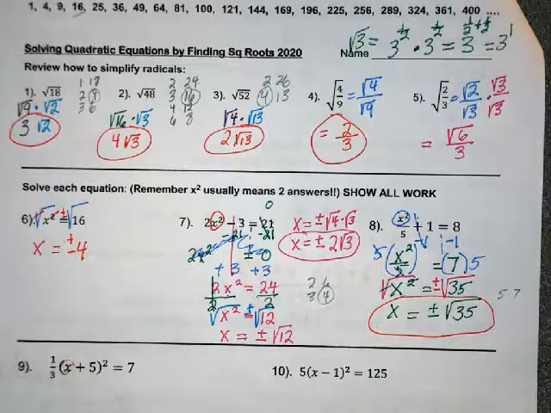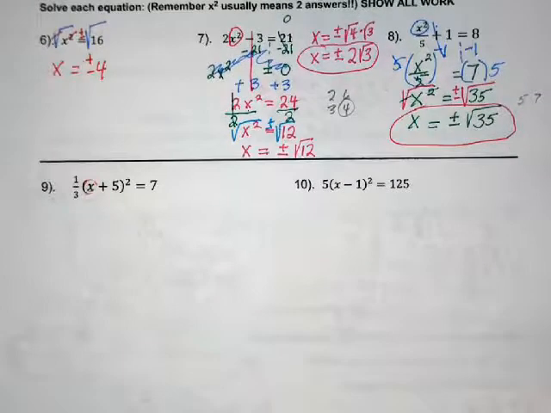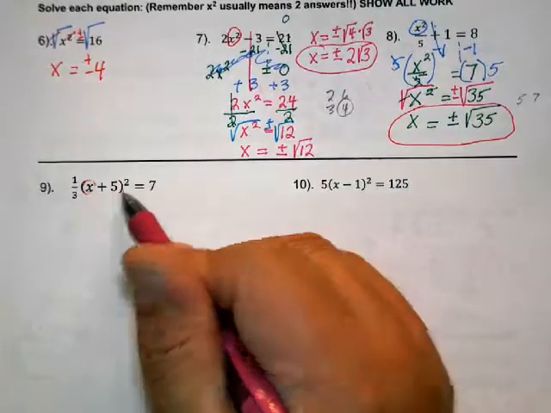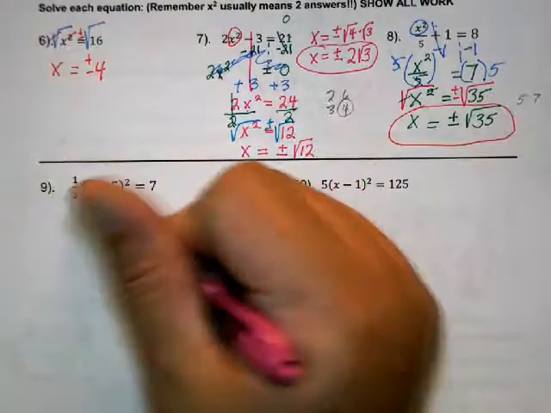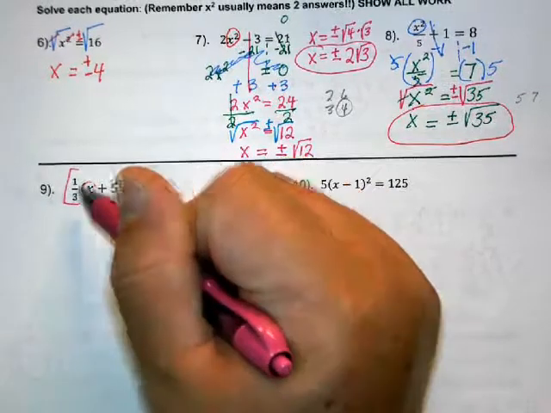All right, number 9. I want to get rid of that 1/3, right? Think of it as a coefficient, that 1/3. So I'm going to multiply both sides by... This is all multiplication, right? Because that's a quantity. That's one number.